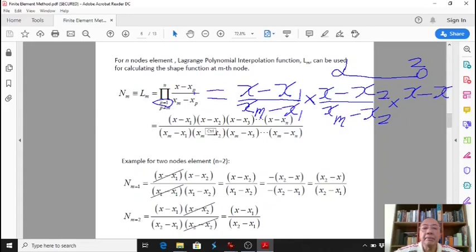Now p becomes 3, so this is xm minus x3, multiplied continuously. So this is shown here.